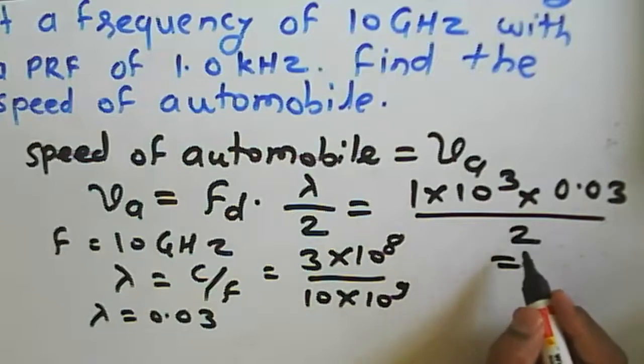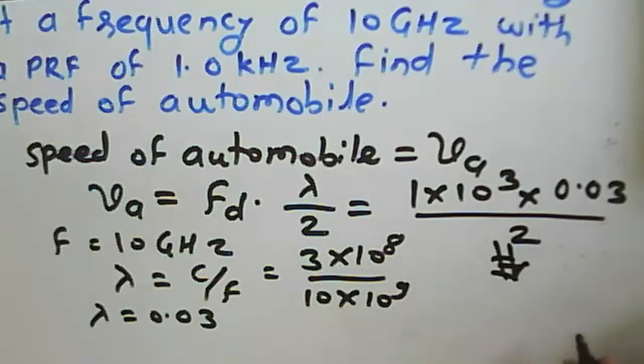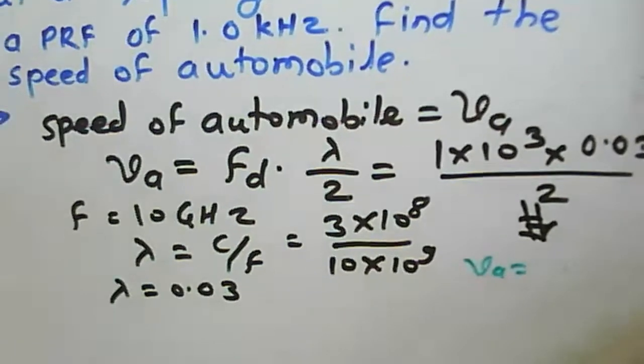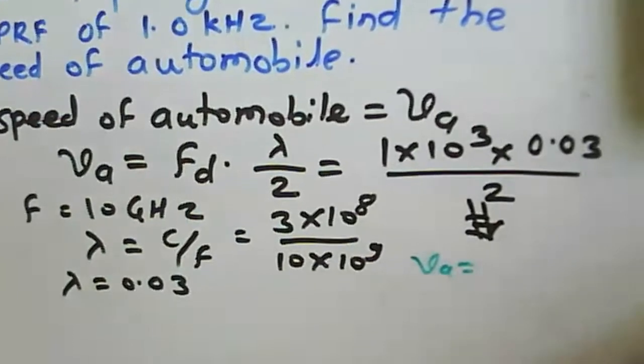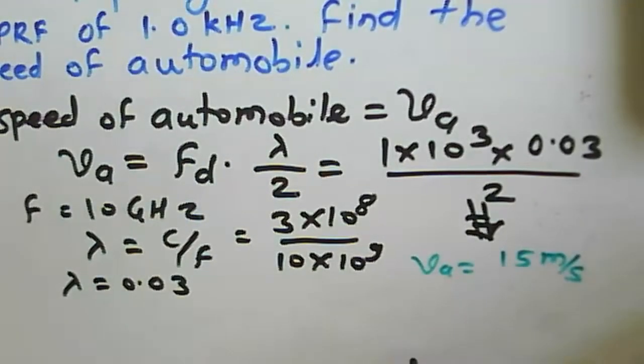After solving this expression, we get the value of speed VA, the speed of the automobile, as about 15 meters per second.